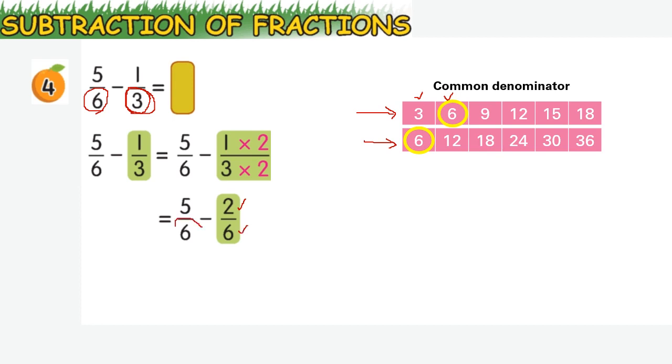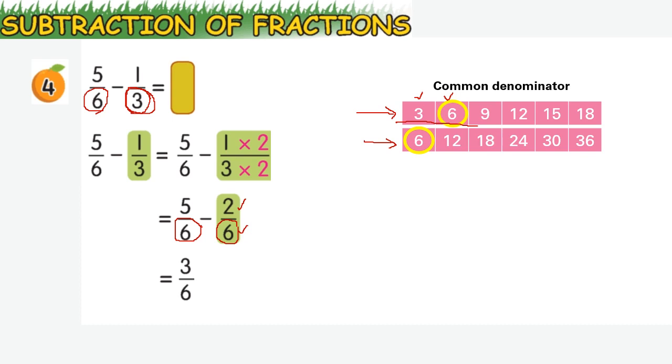Finally, we get the same denominator. So we continue to subtract the numerators. 5 minus 2 is equal to 3 over 6. Again, be careful with this fraction, because 3 and 6 are in table 3, meaning that 3 over 6 is not in simplest form.